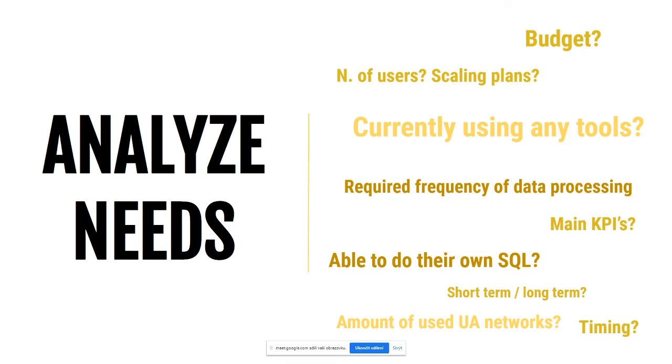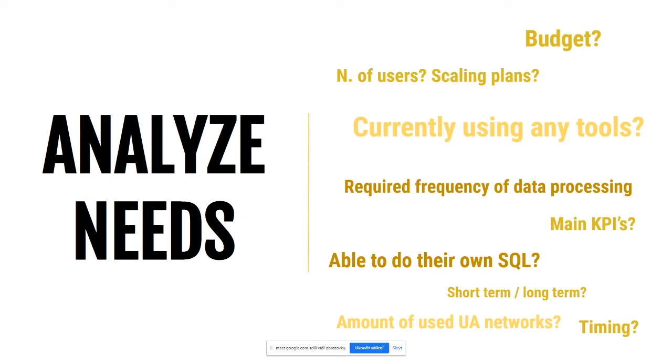So depending on the budget, you're already thinking about what tools can you include in the stack. Depending on the number of users and number of acquired users and profit channels, you're probably going to think about which attribution tool to choose. In case you're using some tools, you want to make sure that they can be connected to the infrastructure that you're planning. Required frequency of data processing, something essential.